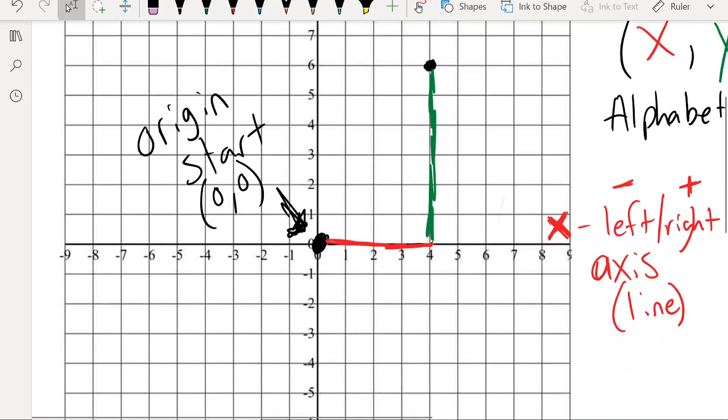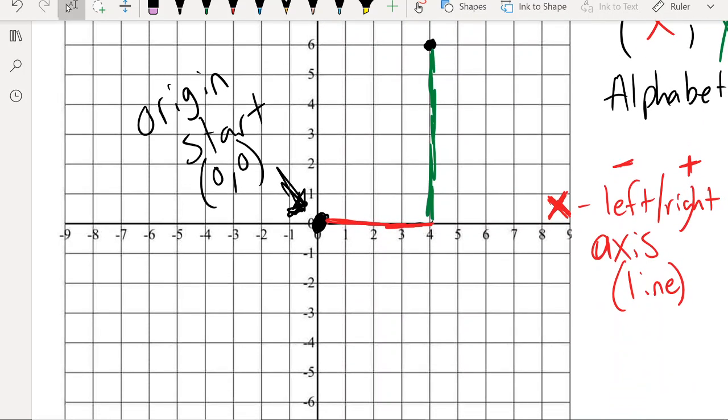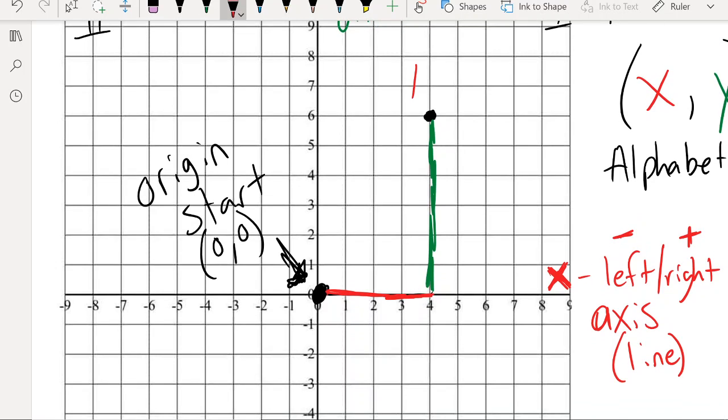So if I say this is 4, positive 4, I have to move positive 4 spaces, meaning right 4 spaces. So I went right by 4, and then I'm here. I'm not done yet because I haven't gotten to my ending goal.